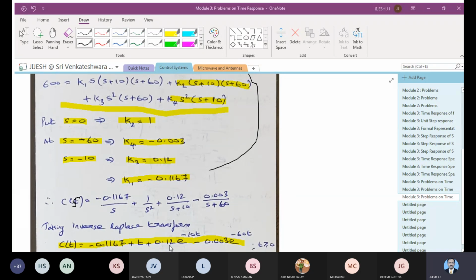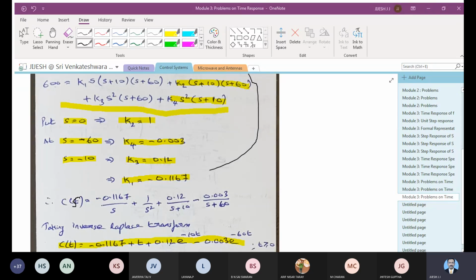So all of you have completed? Yes, sir. Okay, if anyone is left out, complete it. All of you should study the Laplace transform and inverse Laplace transform basic equations so that it will become easy for you in the exams as well.